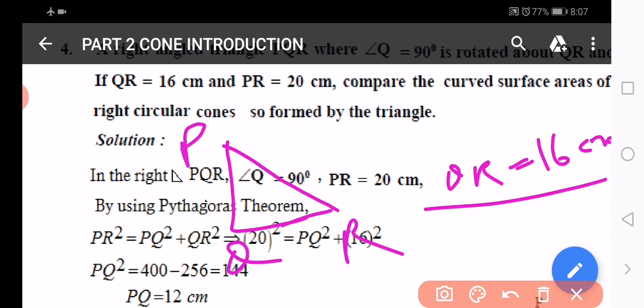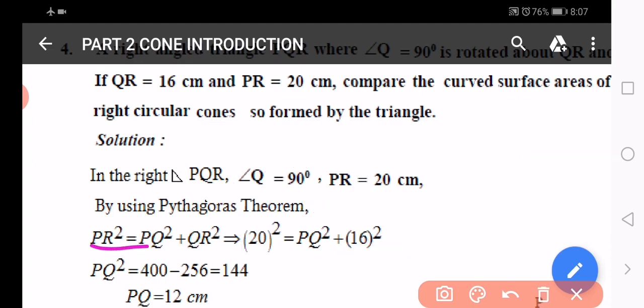So what is Pythagoras Theorem? The square of the length of the hypotenuse is equal to the sum of the squares of the other two sides. Then applying the Pythagoras Theorem, PR square equal to PQ square plus QR square.